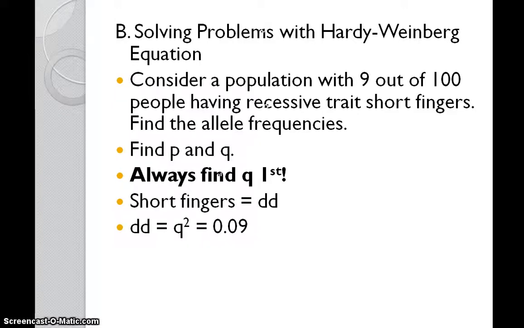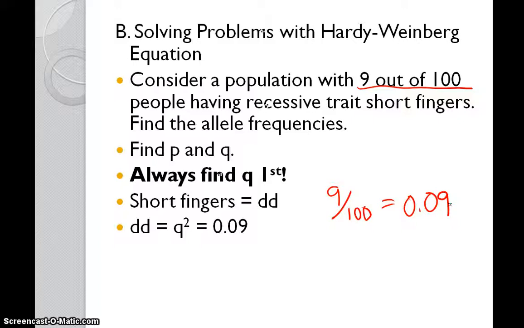Now, how did we find that? We know that it is 9 over 100. It comes from this part of the equation right here. So when we calculate that out, we know it's 0.09. That is q squared.